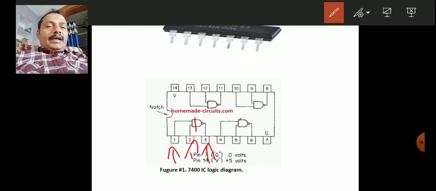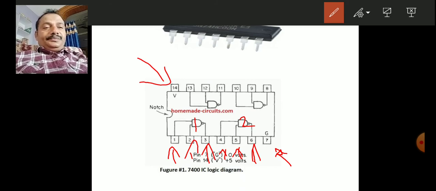For the second NAND gate, fourth pin and fifth pin are inputs, and sixth pin is output, and seventh pin is the ground. This is the ground, and 14th pin is power supply. Ground and power supply, these 2 pins.